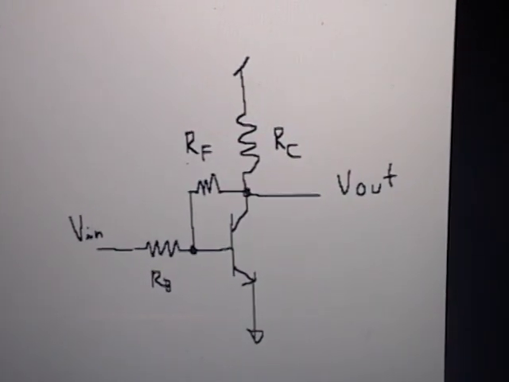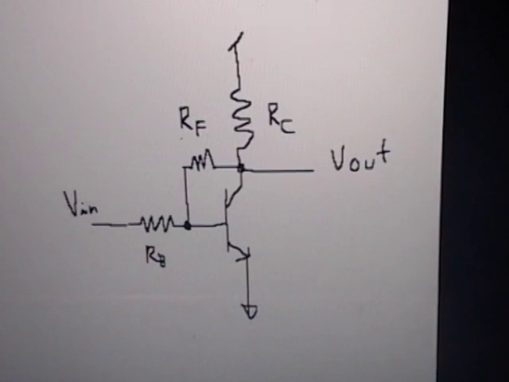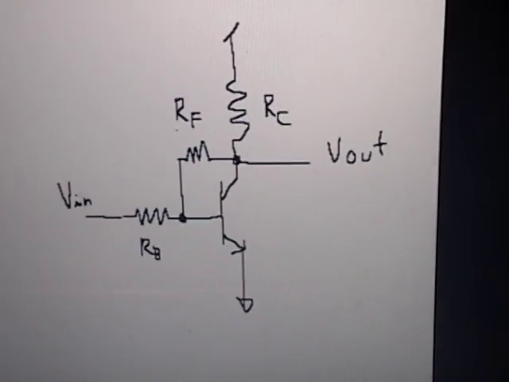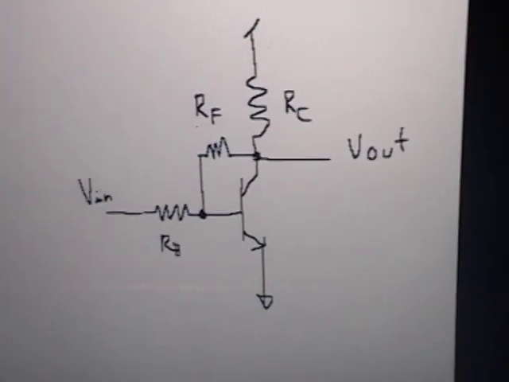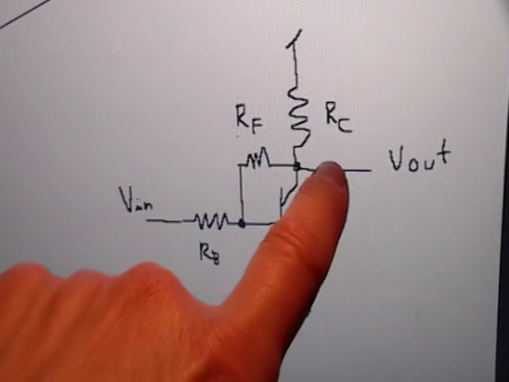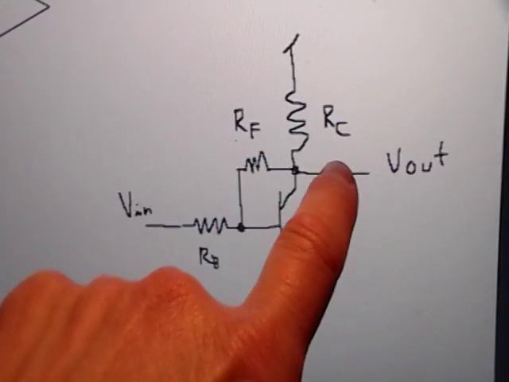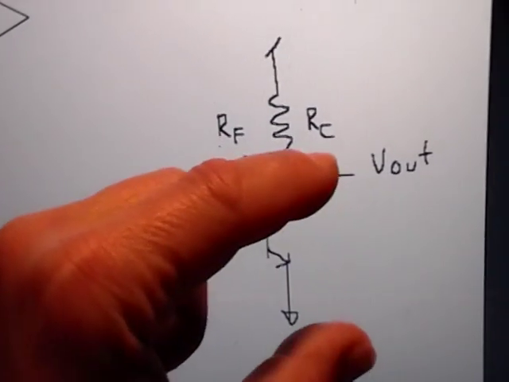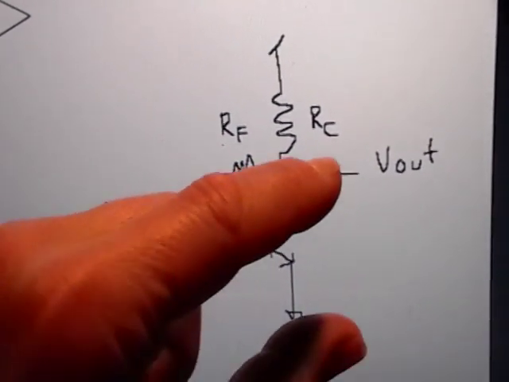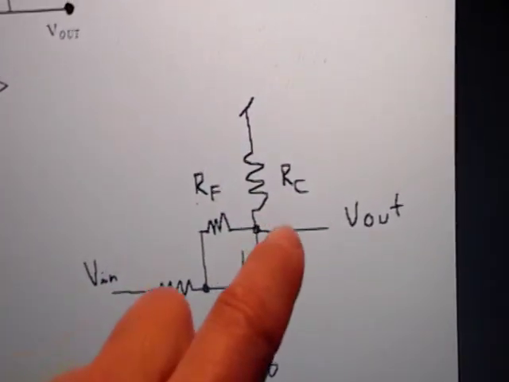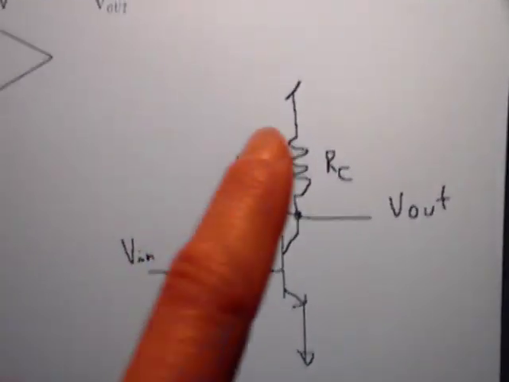That means that RF and possibly RB, we'll talk about that on Monday, that's our feedback network. So let's look at the output first. Again, the voltage to your feedback network is equal to the voltage of the output of your amplifier. So they're both going across the same points. This node to ground, this node to ground. So that is shunt. V out is shunt.